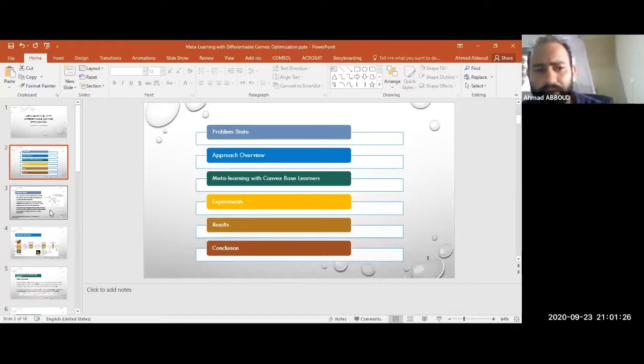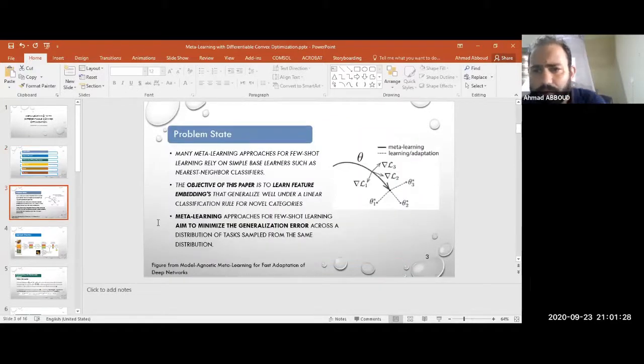Let's go directly to the problem of meta-learning in general, and as taken in this paper. Meta-learning, the approach for few-shot learning, relies on simple base learners such as the nearest neighbor classifier.